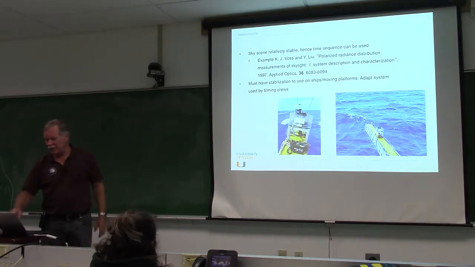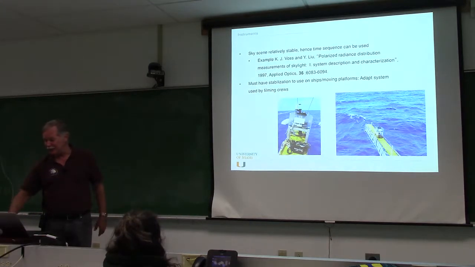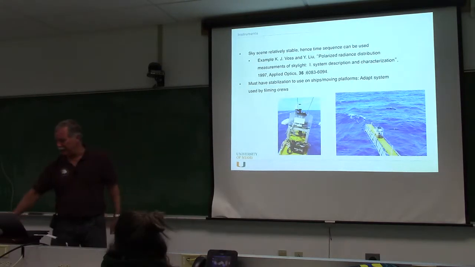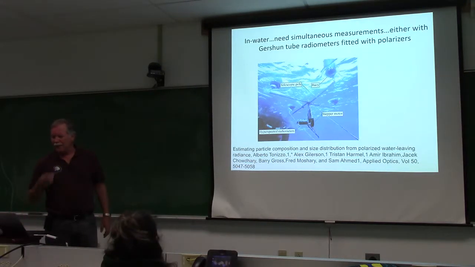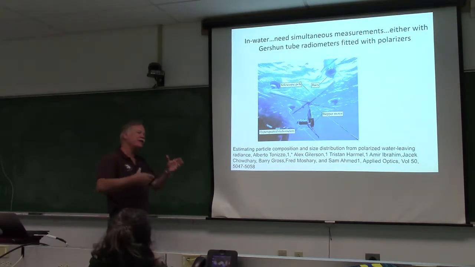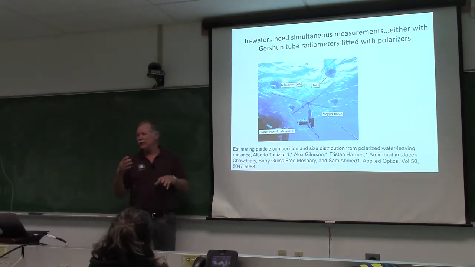Okay, so on a ship or a moving platform, you have to have stabilization. So that one had this system they use from helicopters to try to keep a film camera stable. In the water, the problem is with wave focusing and stuff, you can't depend on the light field being stable enough. So you have to somehow do simultaneous measurements.